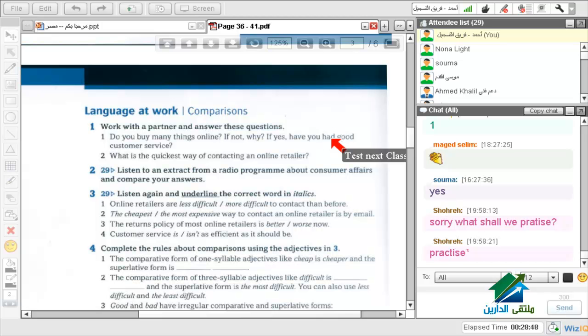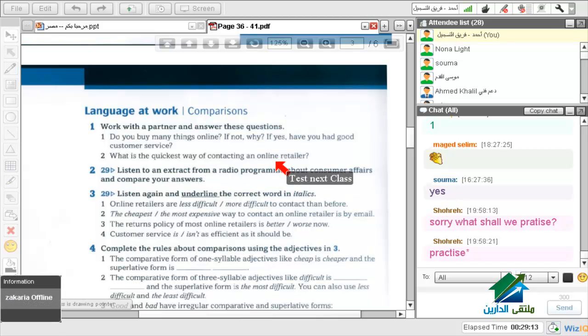Let's talk again about good customer service, and the same, what is the quickest way? Practice here the comparisons, the quickest way of contacting an online retailer. Okay, how or what is the quickest way of contacting an online retailer? Go, Shuhra, please.